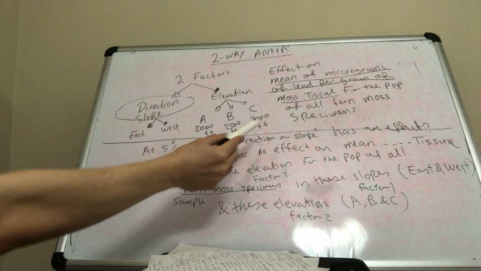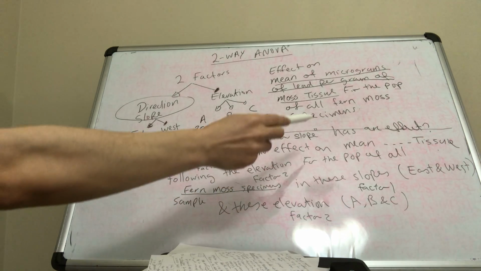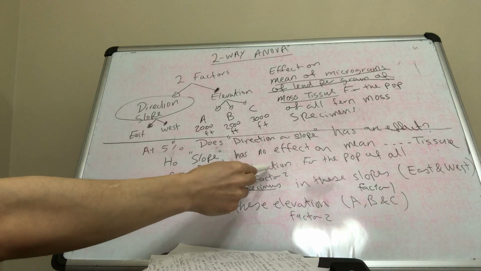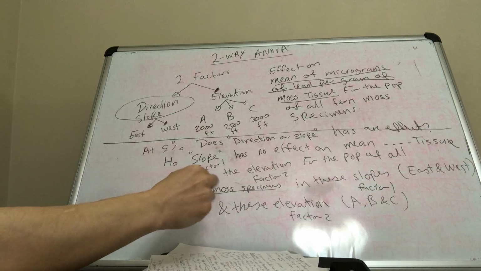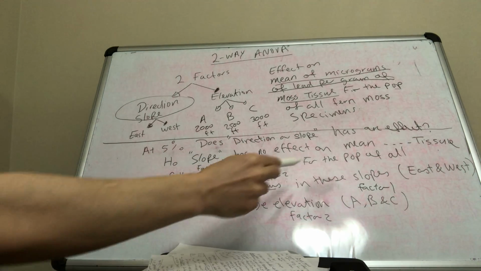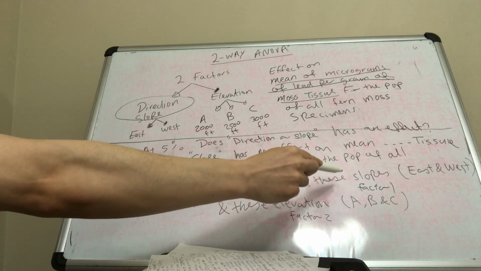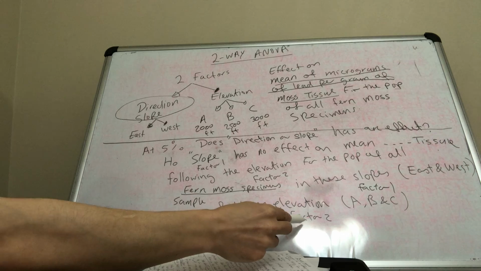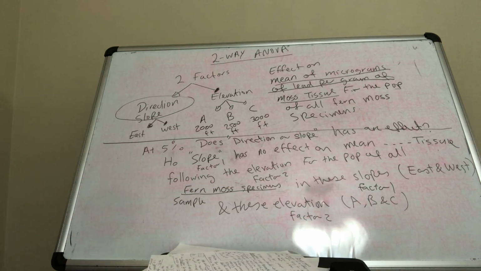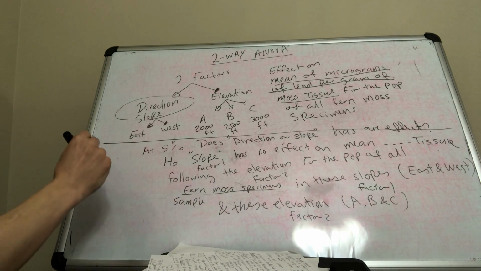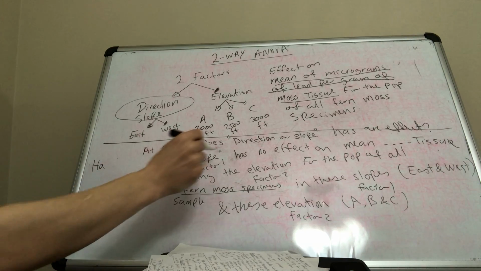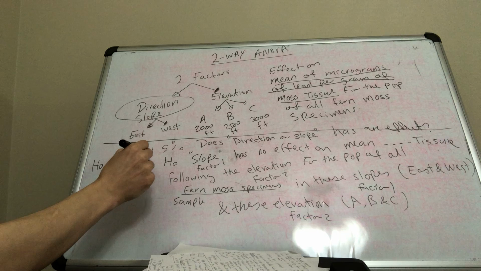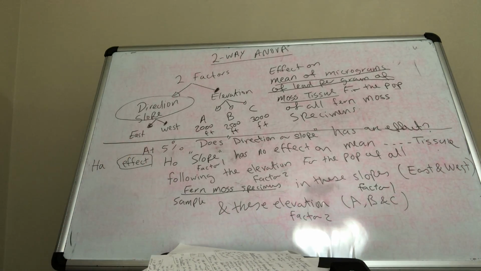You start with the slope, has no effect on the mean of the question, following factor 1, for the population of the sample, and you name the factor and whatever the level is, and you name the other factor and whatever the level is. HA would be the exact same thing, but positive, has an effect.